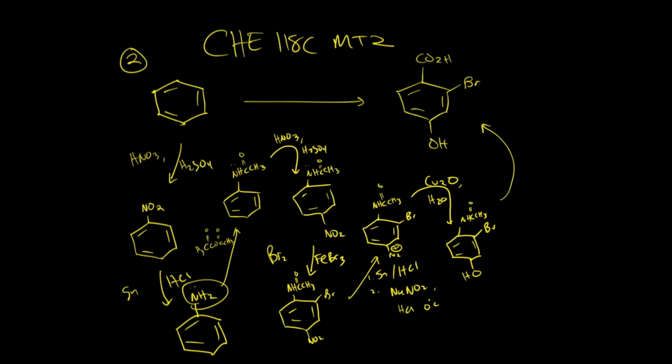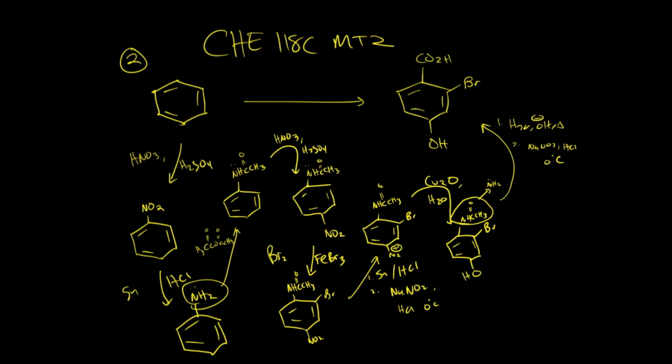So in order to go here, I'm going to use H2O, OH minus, and heat. That's my first step. That will take my NHC(=O)CH3 group, and it's going to turn it into an NH2 group coming off of my ring. Step 2 is reacting the NH2 group with NaNO2 in HCl at 0 degrees.